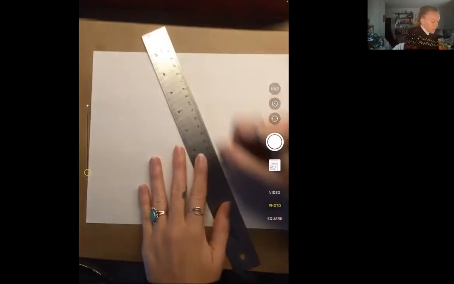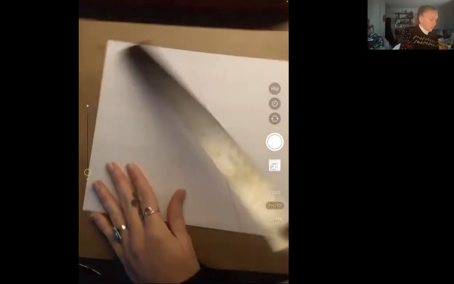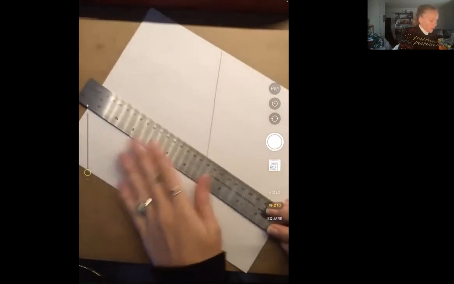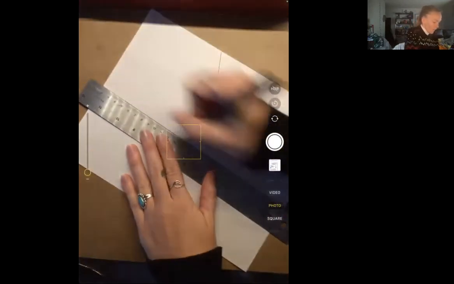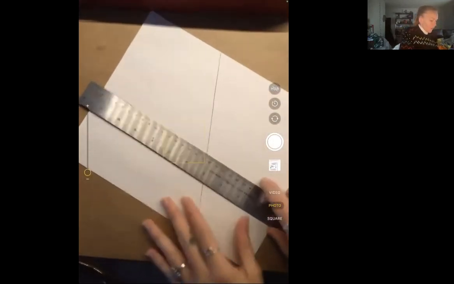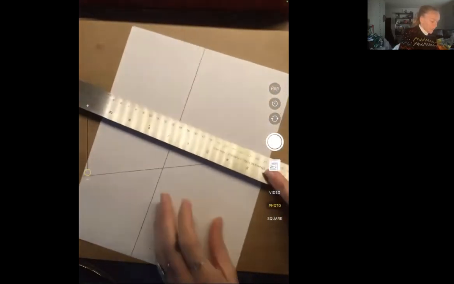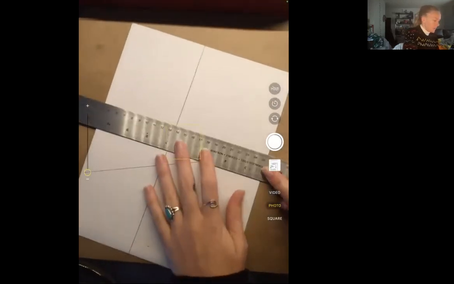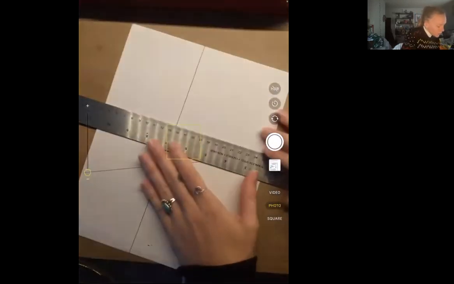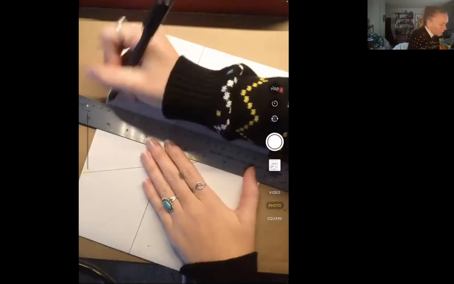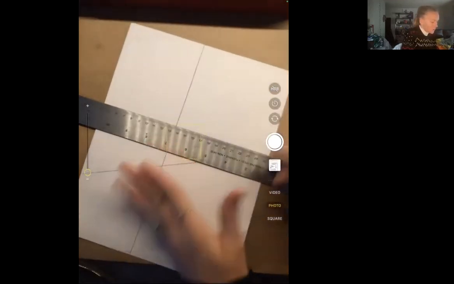You can make a line here. I'm going to turn this and make a line. Try your best with this. It does not have to be perfect. I'm just making lines. I'm going to make a line here, lined up. I'm going to make a line.